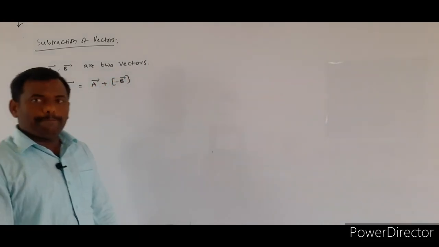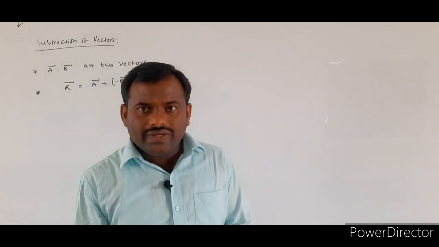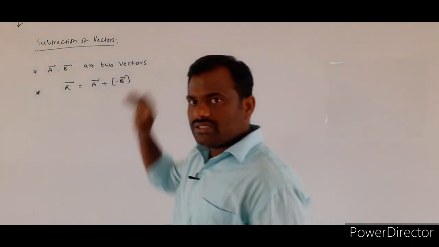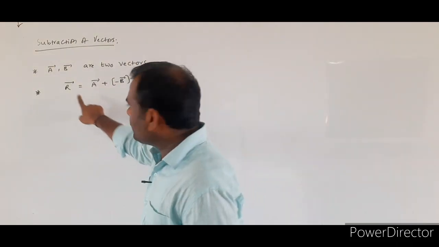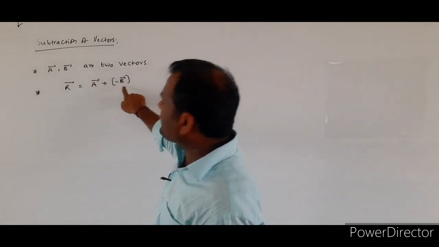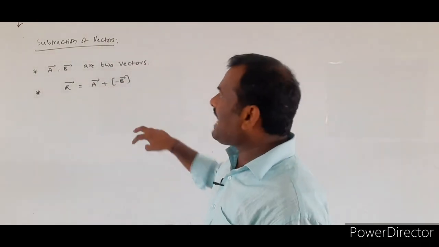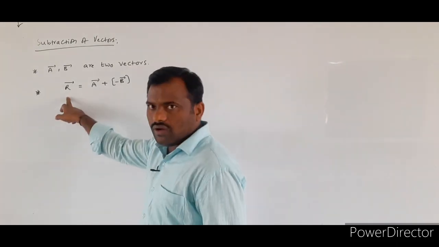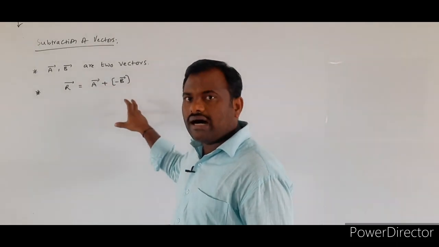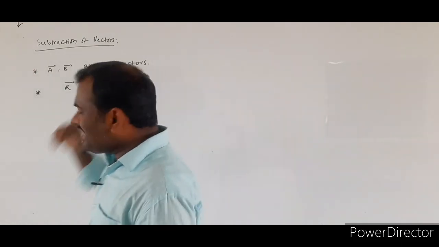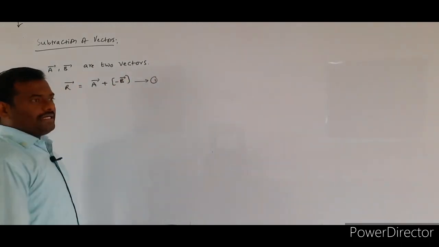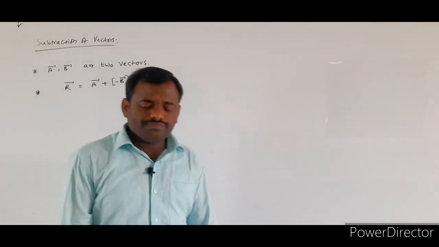Actually, what we have to write here is R bar is equal to A bar minus B bar, but I wrote R bar is equal to A bar plus minus B bar. From this equation, I am defining the subtraction of vectors.